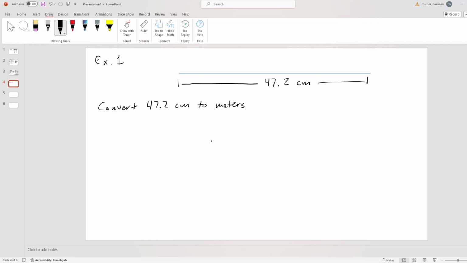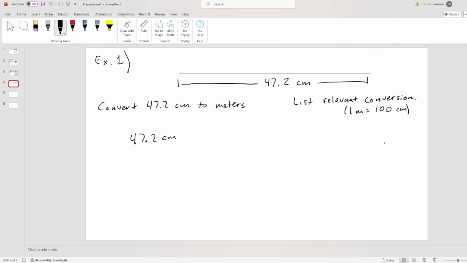Okay? So here's the method. Here's what I do. 47.2 centimeters. And what you want to do is you want to list your relevant conversion. So in 1 meter, we know there's 100 centimeters, and this is from earlier.